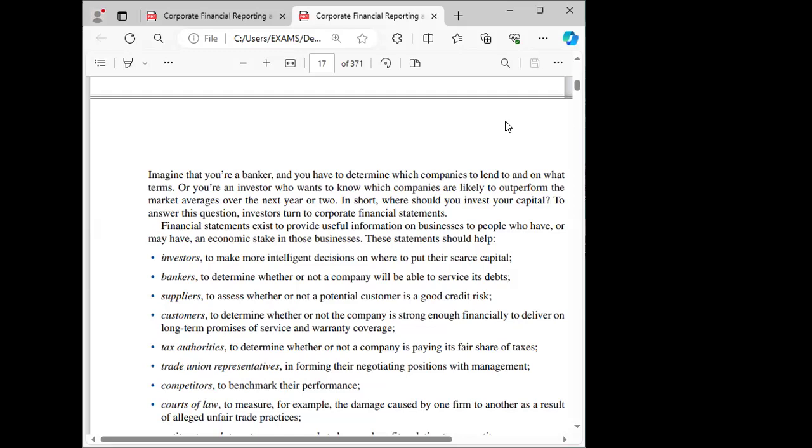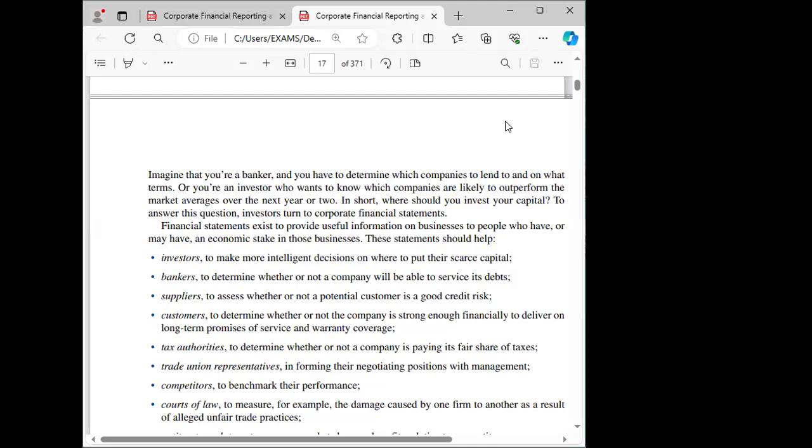There are certain things they will be looking for in these financial statements that will show that if they give it money, the company will be able to pay back. The financial statements show information that other people can evaluate and see that if we lend this company money, it will pay back.